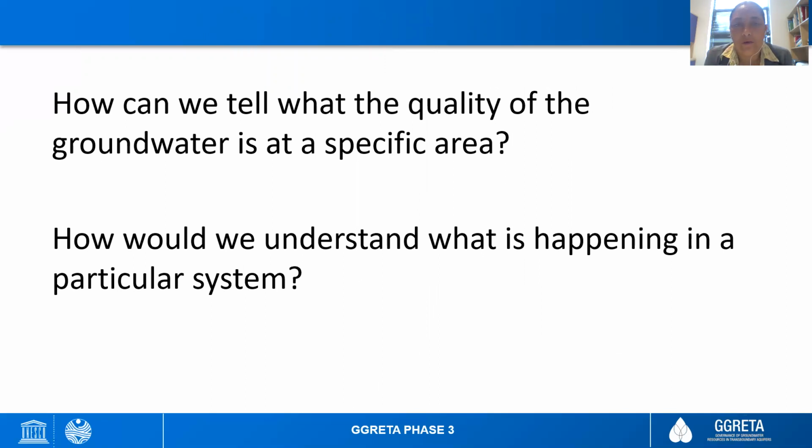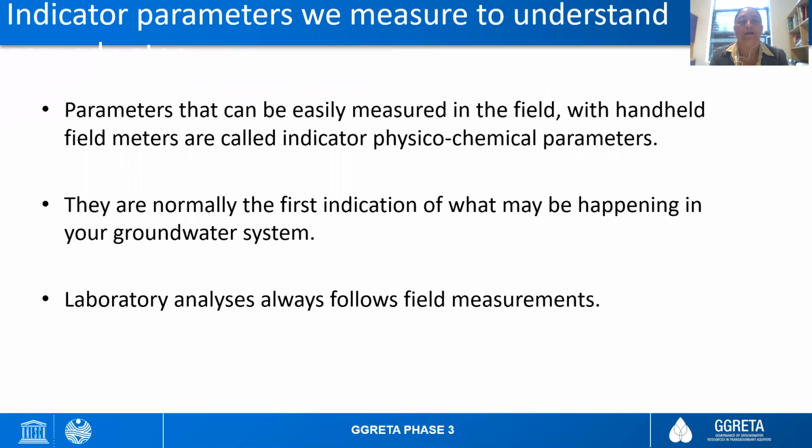How can we tell what the quality of groundwater is at a specific area, and how would we understand what is happening in a particular system? Typically, we can monitor indicator parameters, which we can measure and which help us understand some of our groundwater systems.